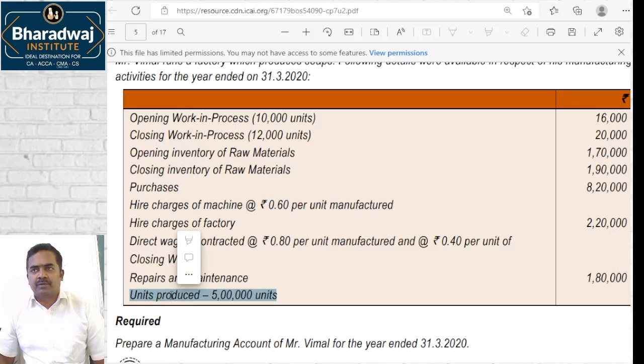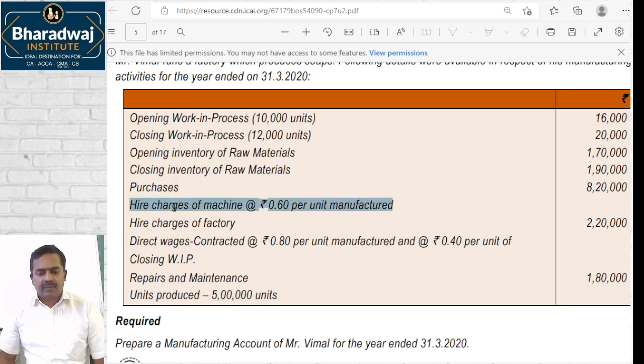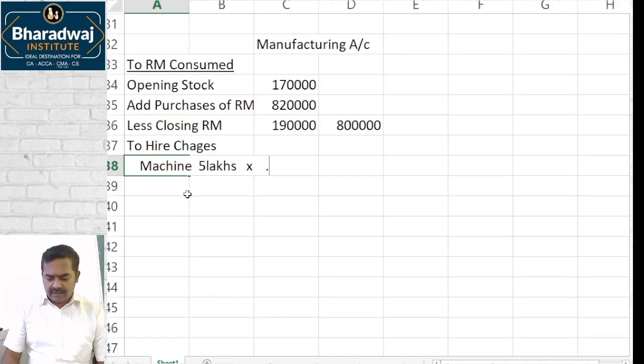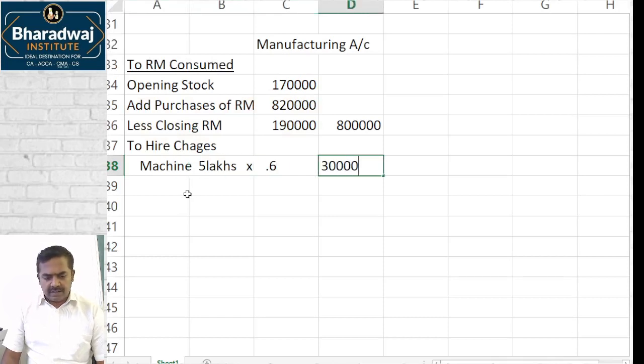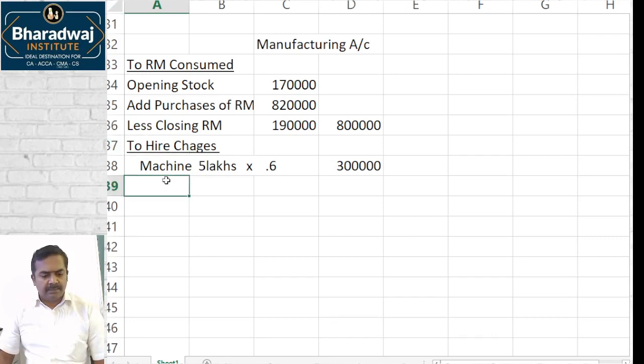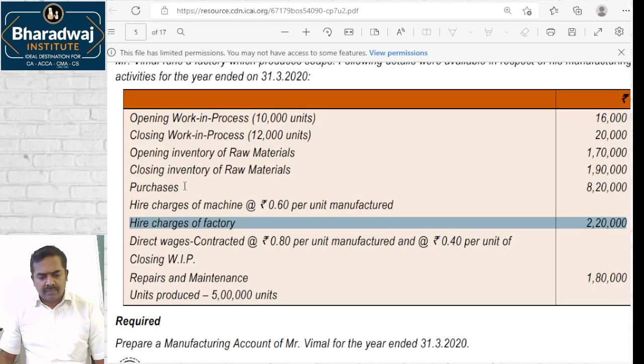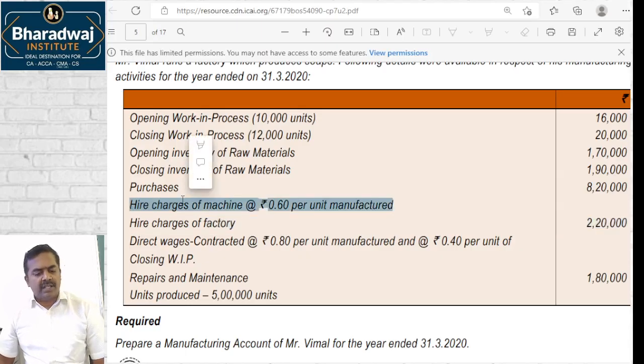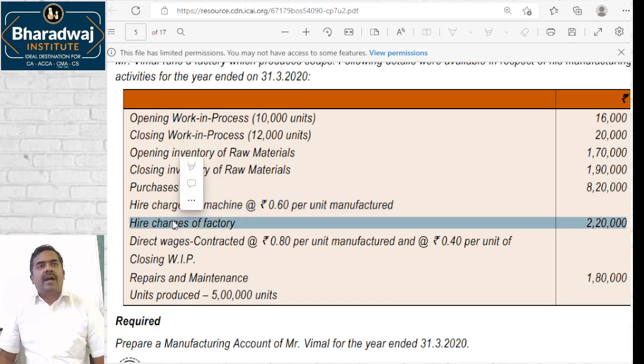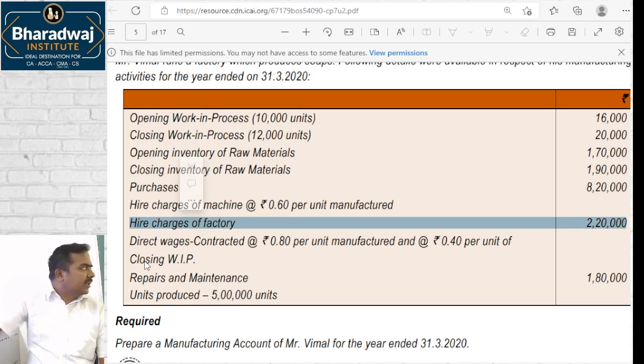Manufactured means produced. 5 lakh into 0.6, 3 lakhs. Hire charges of machine 3 lakhs. Then what else will come? Hire charges of factory. How much is given? 2,20,000. Hire charges of factory are given directly, 2,20,000.